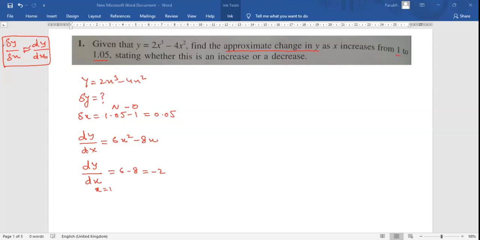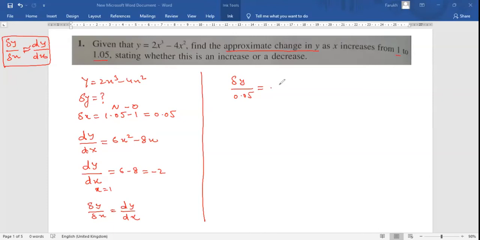Now we will use this rule, del y over del x is approximately equal to dy over dx. We want to find out del y. Del x is 0.05. Please hold your calculator.